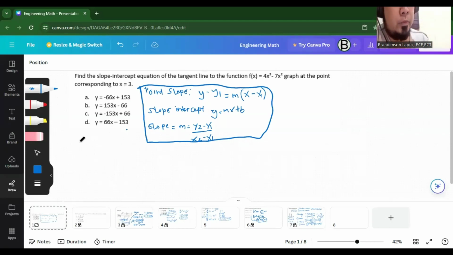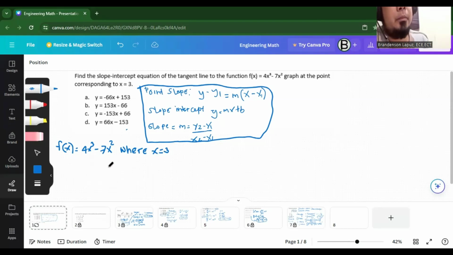Yes, so we will get the value of f of x equal to 4x cubed minus 7x squared, where x is equal to 3.